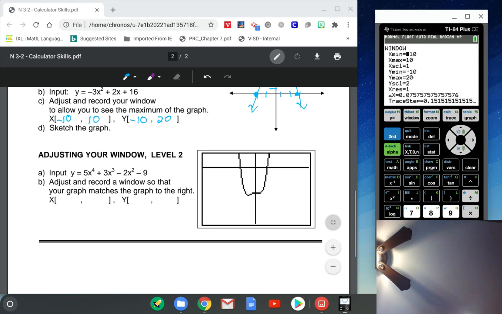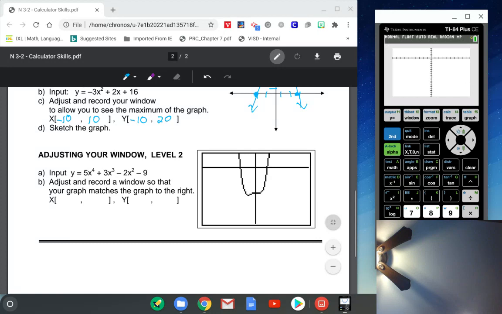So I'm going to go to my window, and for my minimum, the bottom portion of my y, I think I'll change that to -20. And the maximum, of course, they didn't show near as much, so I think I'll put just 5 or something. I'm going to change my scale back to 1 right now.